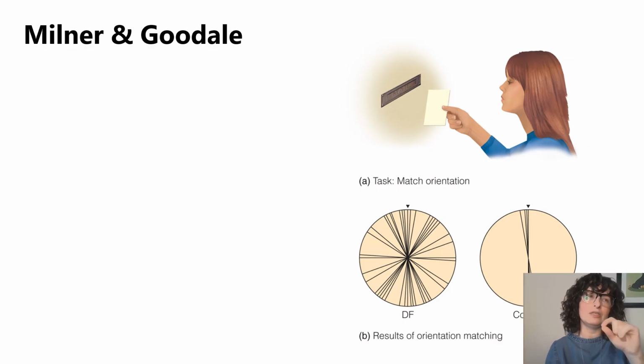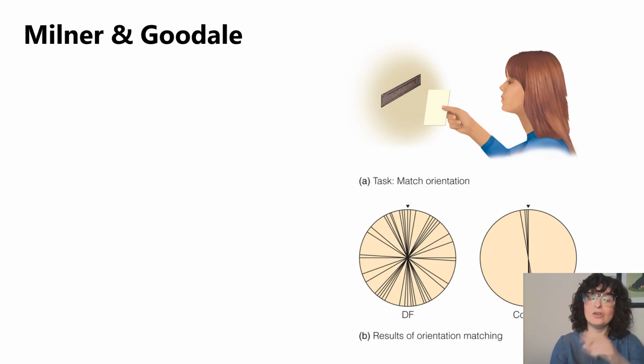To plot all of the results on a single circular graph like this, that little notch on top, that little arrow point, represents the actual orientation on that particular trial. They were different across trials, but they're aligning them there.